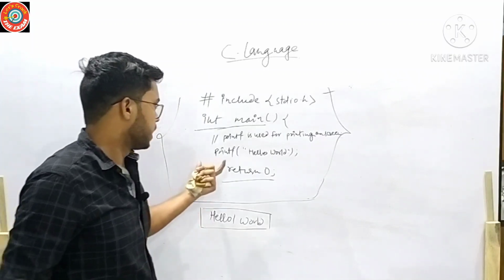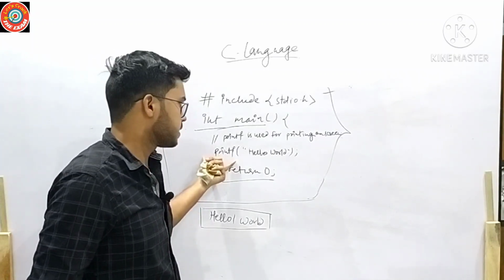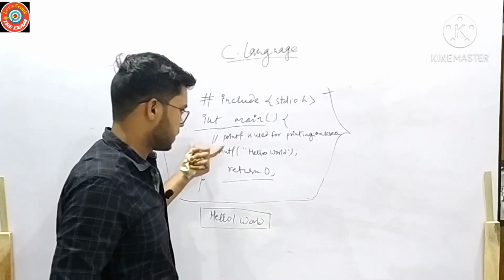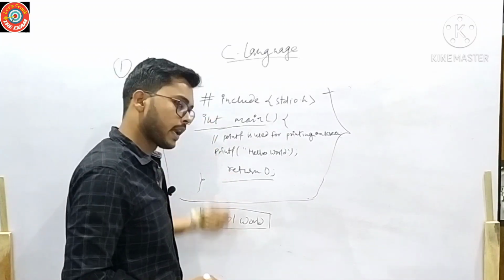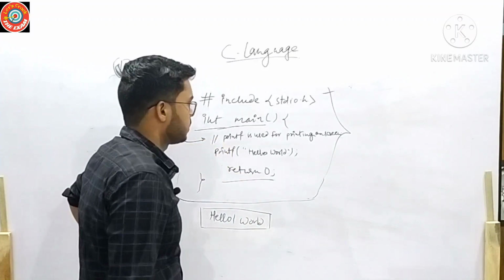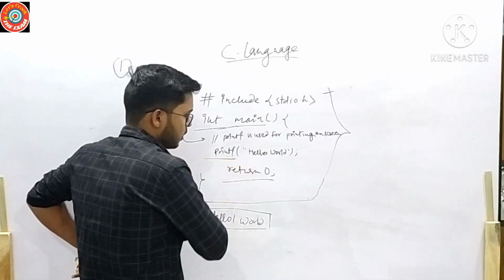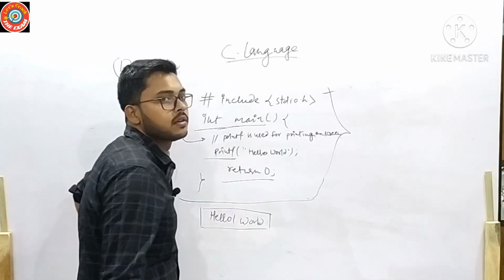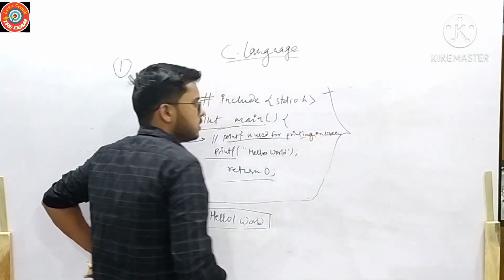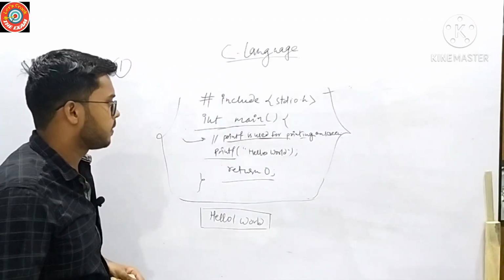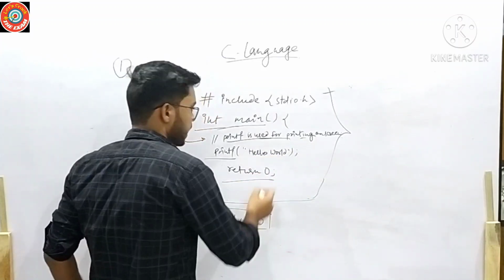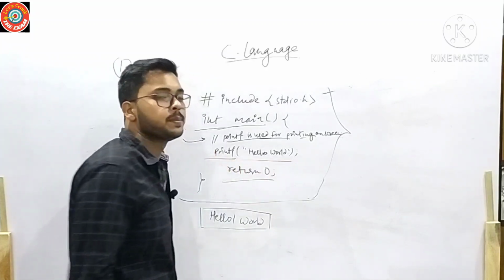Now when we read this program again in the future, we will see this comment. If we have forgotten what printf is, we can be reminded that printf is used for printing. So we can recognize why we have used printf here.